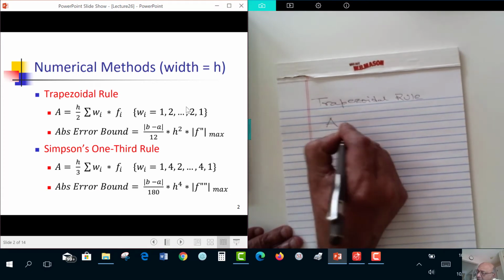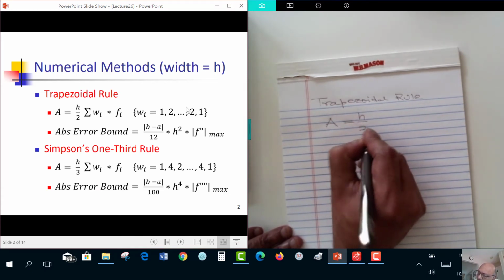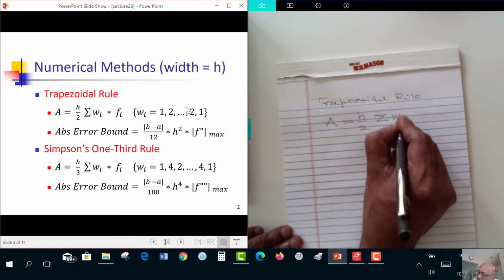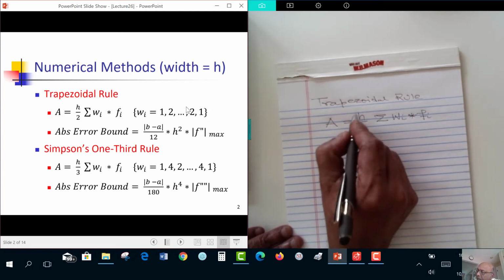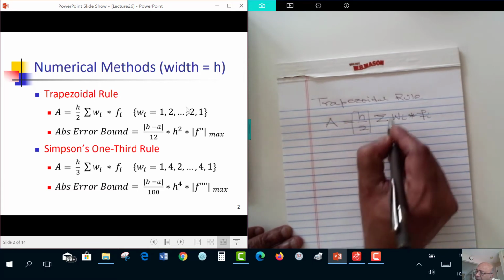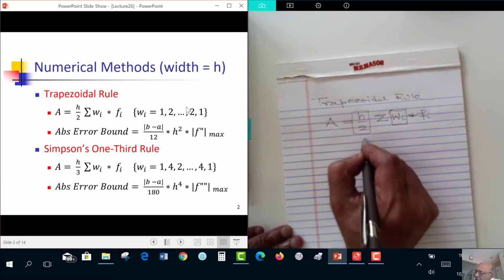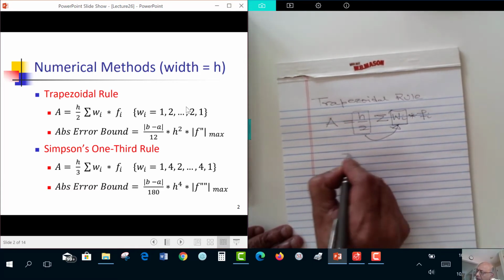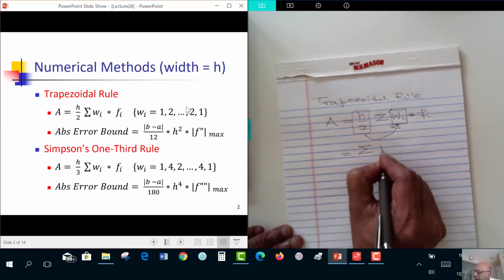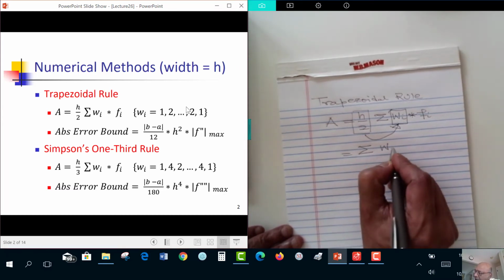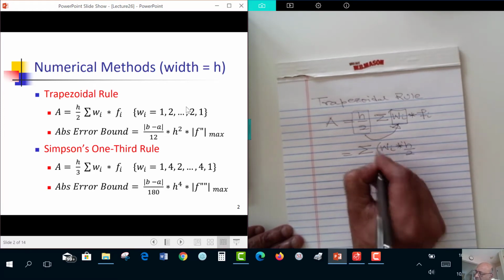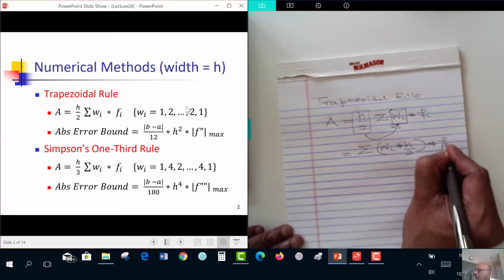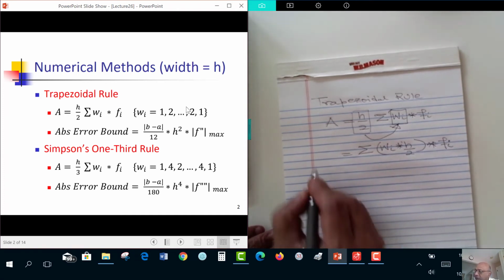So if you look at the trapezoidal rule, we said area is h by 2 times the weighted sum. If we combine these two, basically area is a weighted sum of function values.